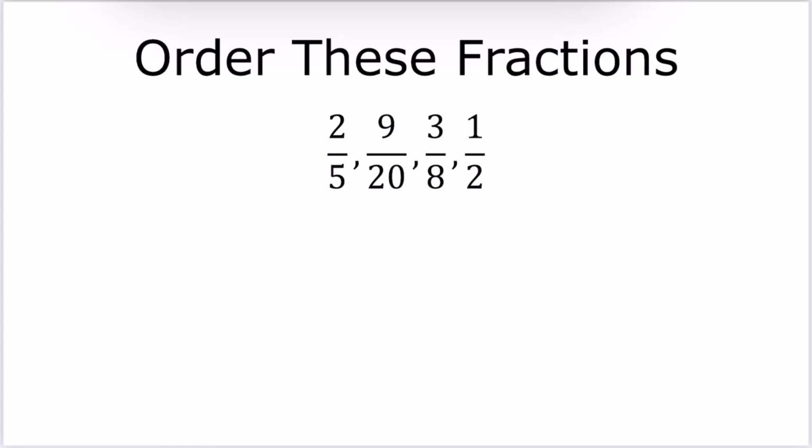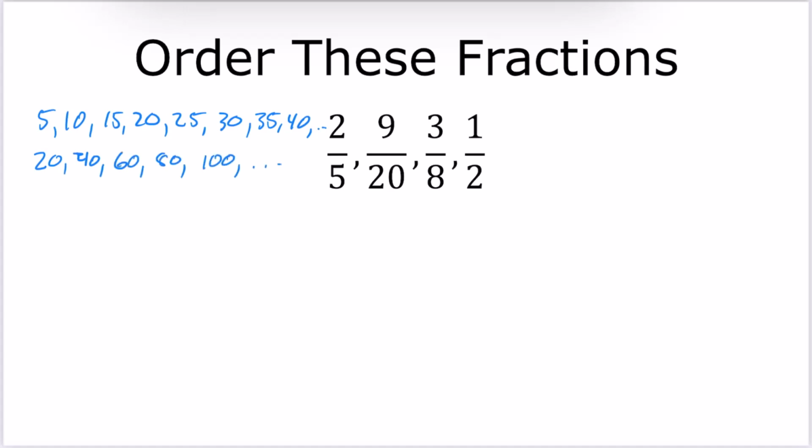I'd say, okay, well, the multiples of 5 are 5, 10, 15, 20, 25, 30, 35, 40, etc. The multiples of 20 are 20, 40, 60, 80, 100, etc. The multiples of 8 are 8, 16, 24, 32, 40, 48, etc. And the multiples of 2 are basically all the even numbers, 2, 4, 6, 8, 10, 12, 14, 16, etc.